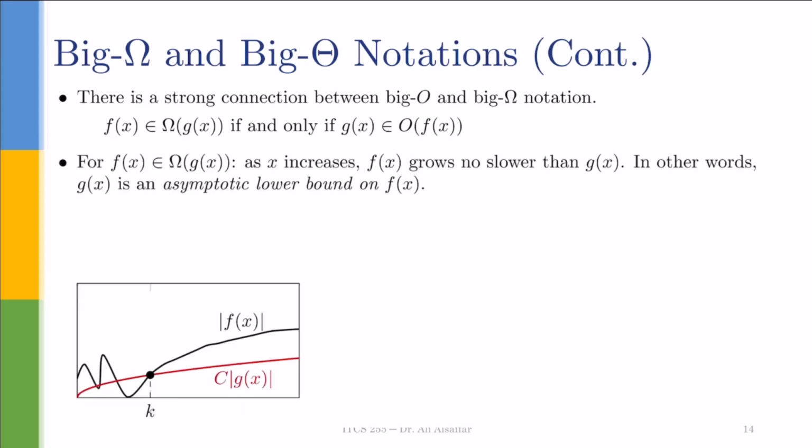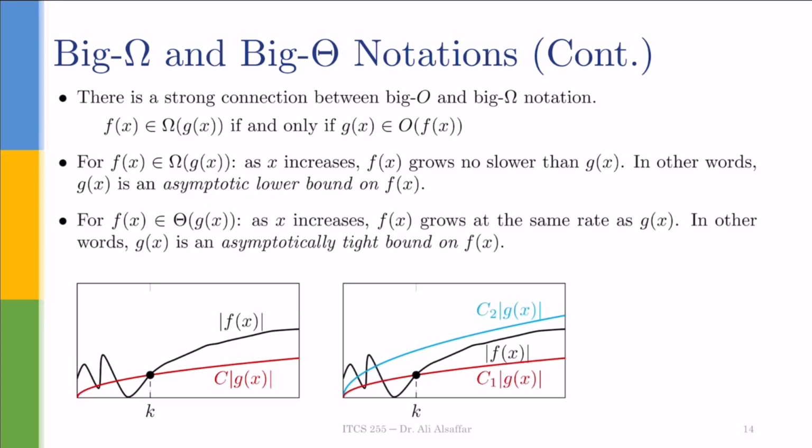Now, according to the graph, if f of x belongs to big omega of g of x, then as x increases, f of x grows no slower than g of x. It means that it will never go below g of x. In other words, we say that g of x is an asymptotic lower bound of f of x.